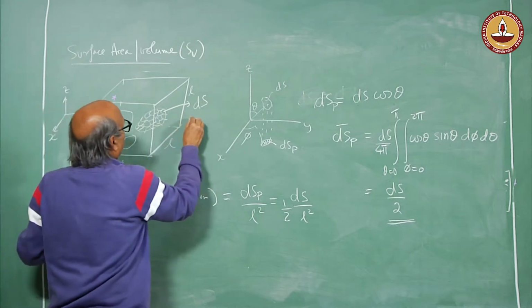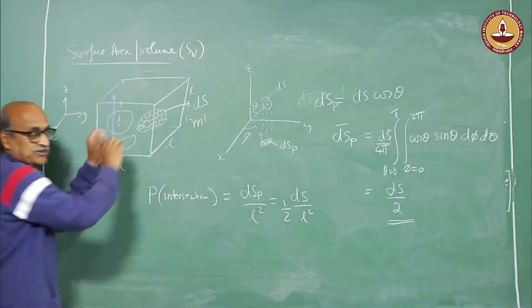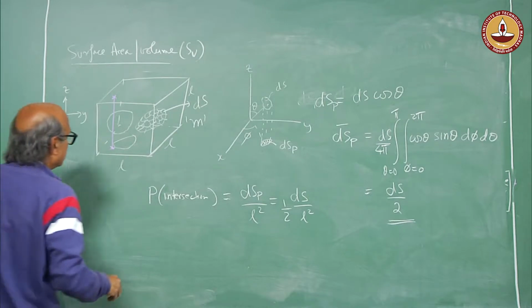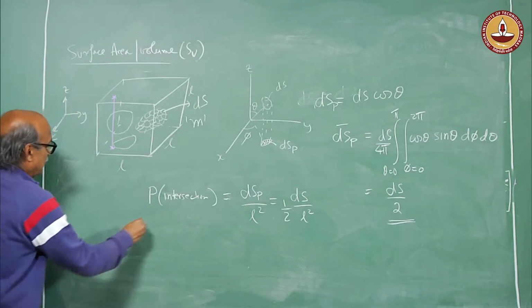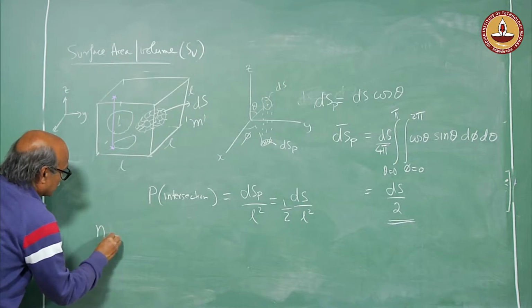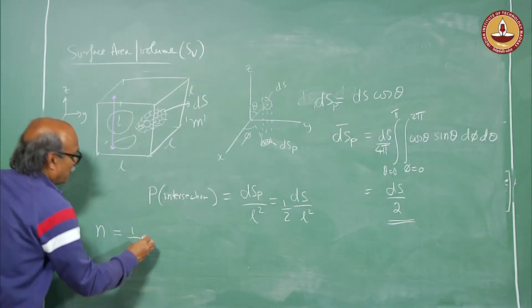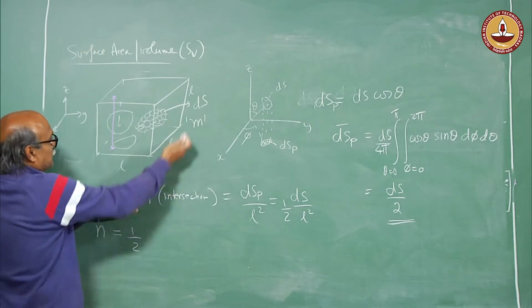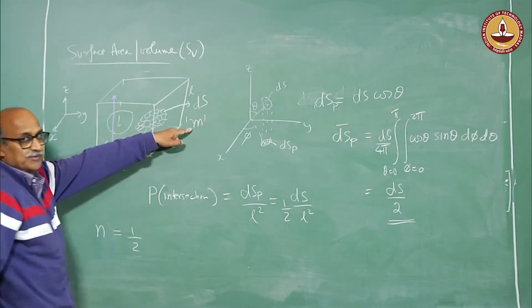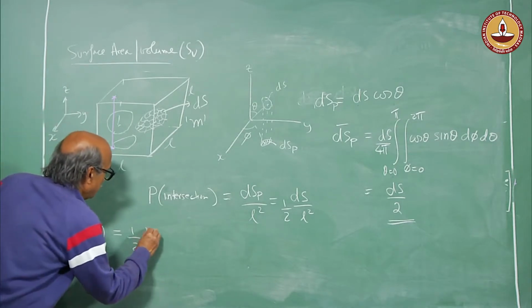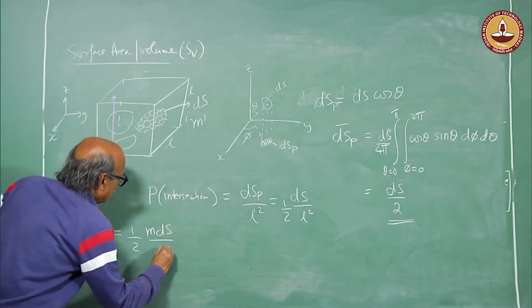If there are a total of m such small infinitesimal areas of the surfaces, then the expected number of intersections, small n, is going to be p times m, the probability times the number of such elements that are there, which is m times ds upon L square.